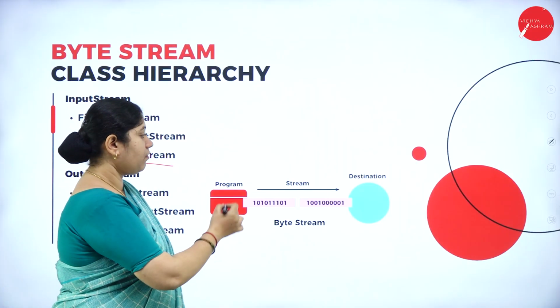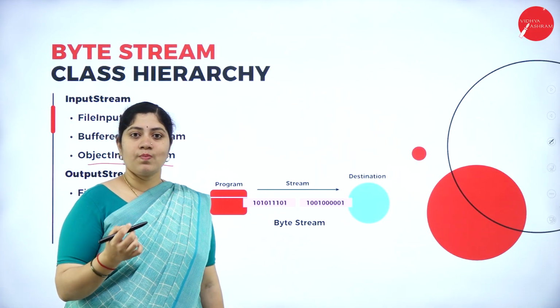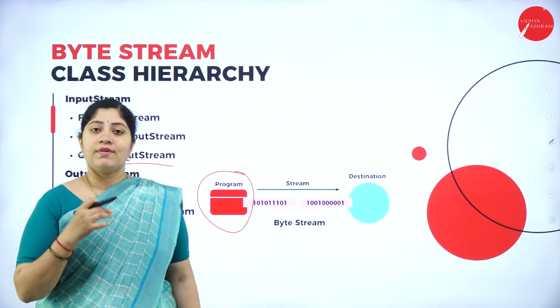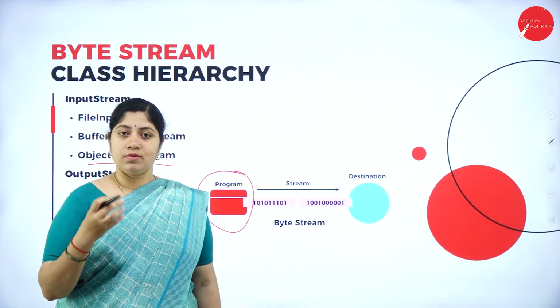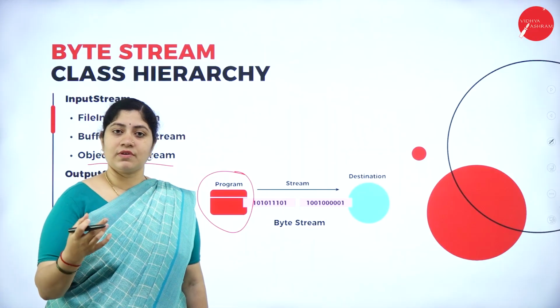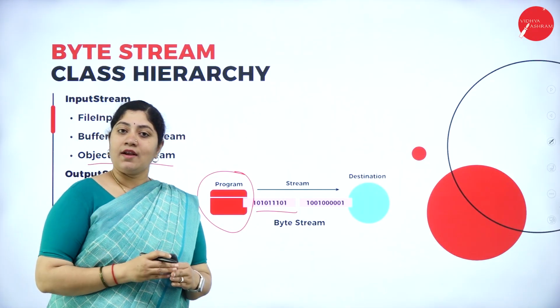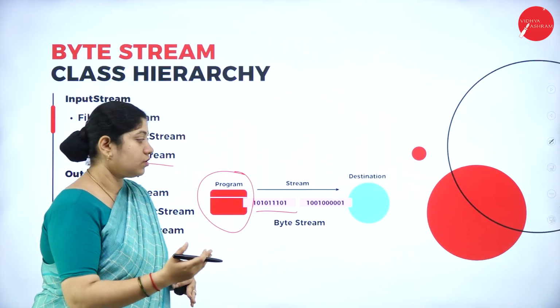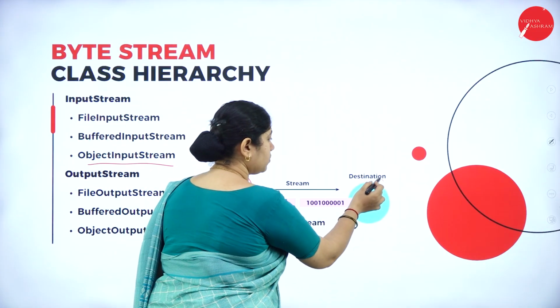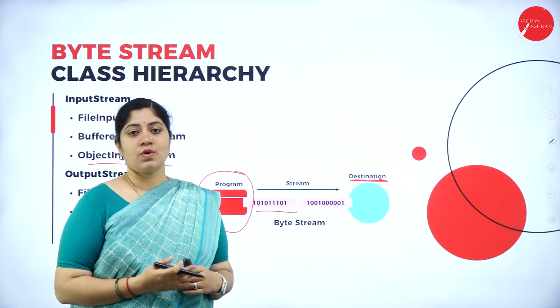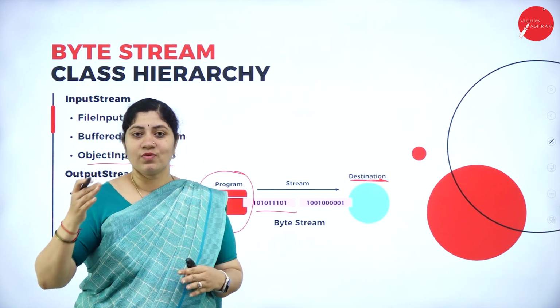Over here we have a simple representation of a byte stream. Initially, through a program we will have the input. That input will be converted into byte form, and that byte form will be transferred to a destination, and this process is carried along with a stream, that is a sequence of data.